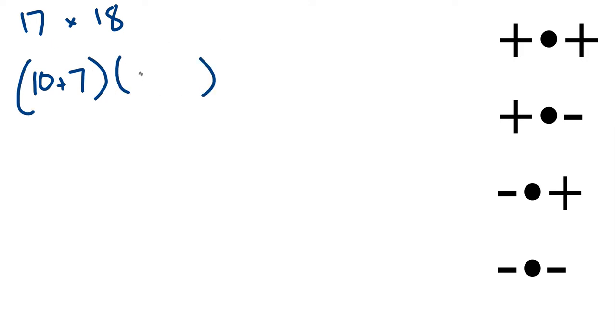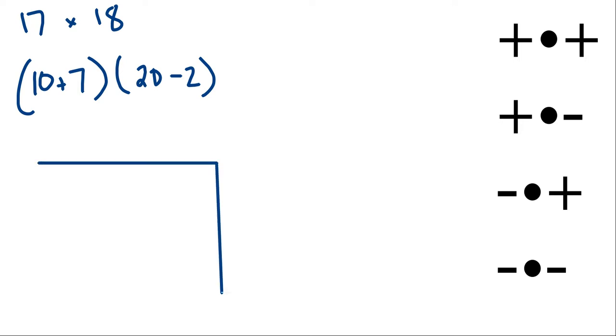All right. Now we're going to do a positive times negative. Okay, so we get 17 times 18. We'll have the first one positive, so we'll go 10 plus 7. We'll split that into 2 terms. But we'll make this a subtraction. Well, let's go 20, take away 2. That's 18. Now I'm going to cheat.